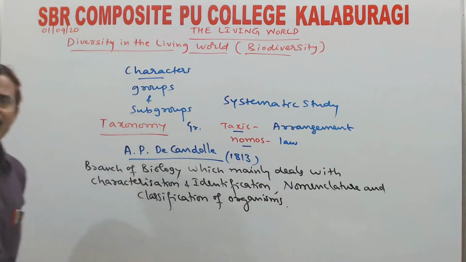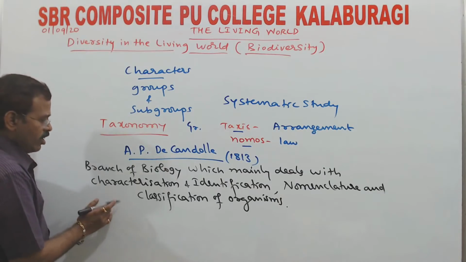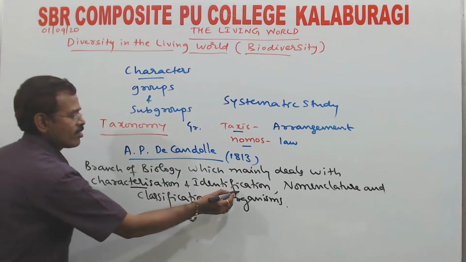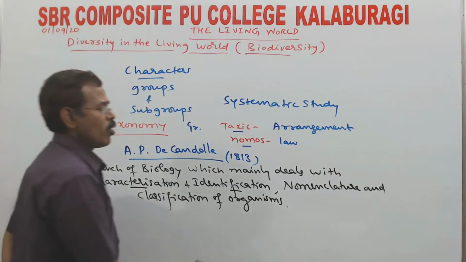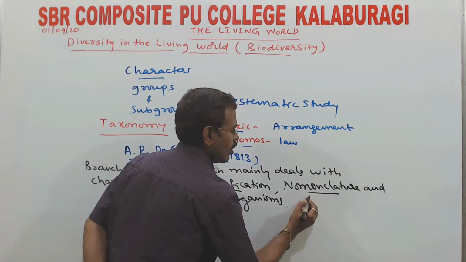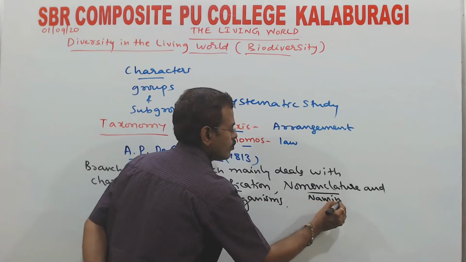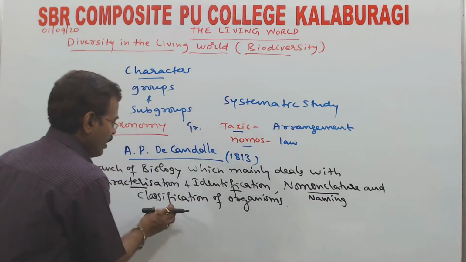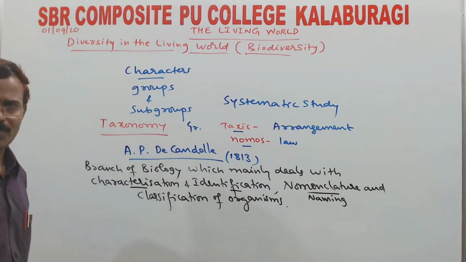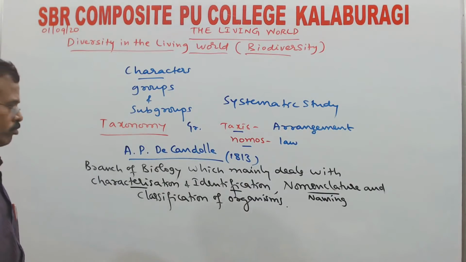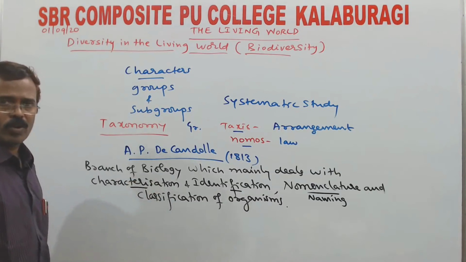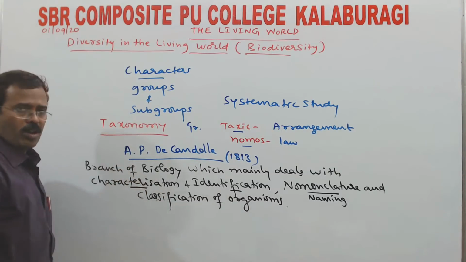It can be plant, animal, whatever it is. Characterization and identification, we'll come to the meaning of that. Then nomenclature, nothing but naming. And classification of organisms, grouping of these plants and animals into convenient categories. So this is the branch we call taxonomy.